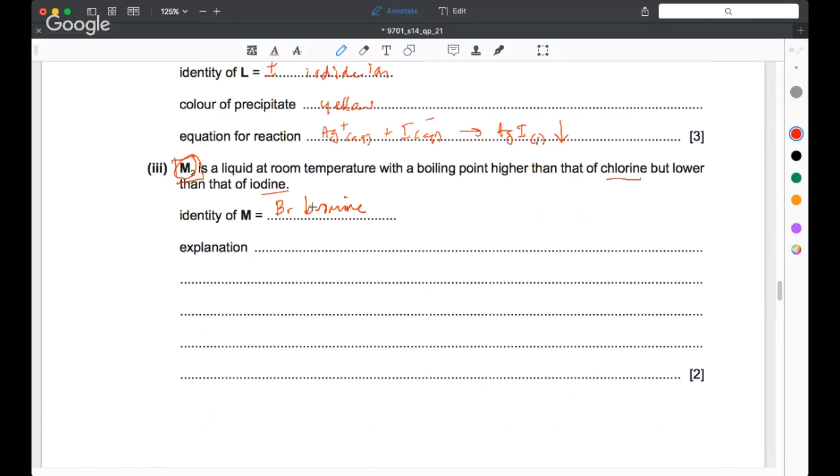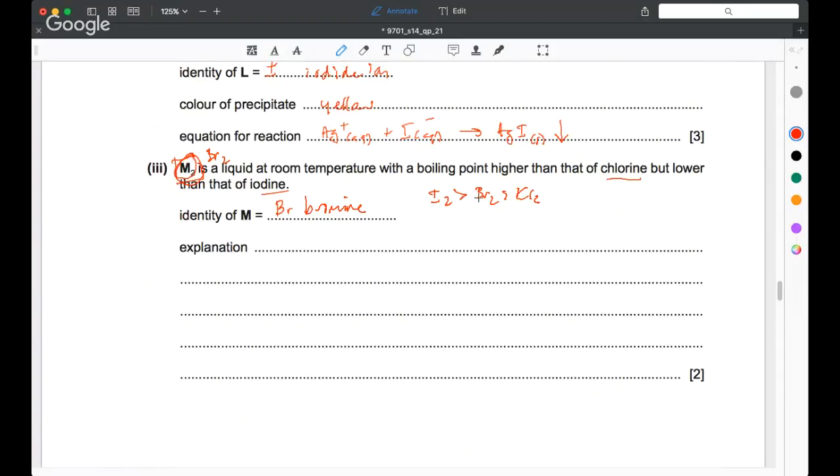And you've got to explain, haven't you, why the boiling point of these bromine molecules, Br2, is greater than Cl2, but less than I2. And so you've got to use ideas of intermolecular forces between molecules.